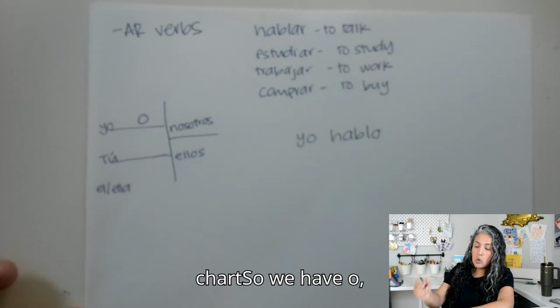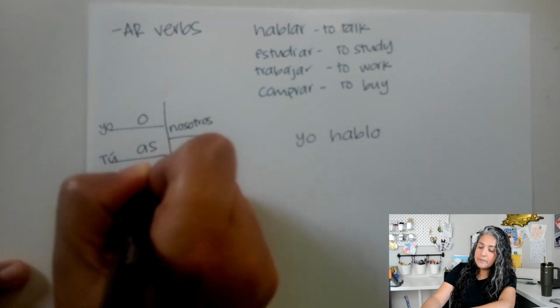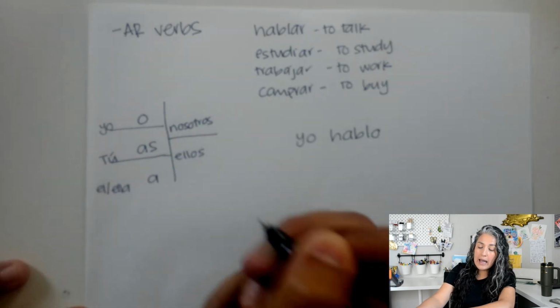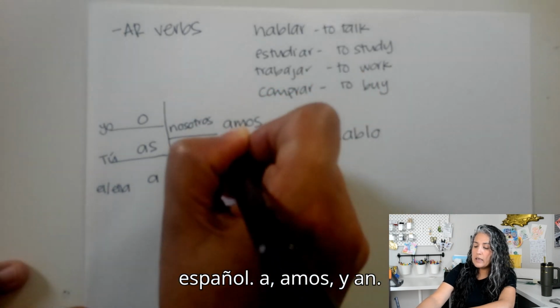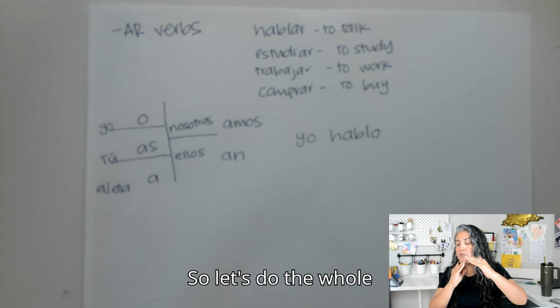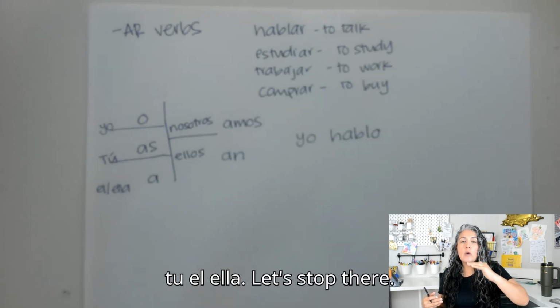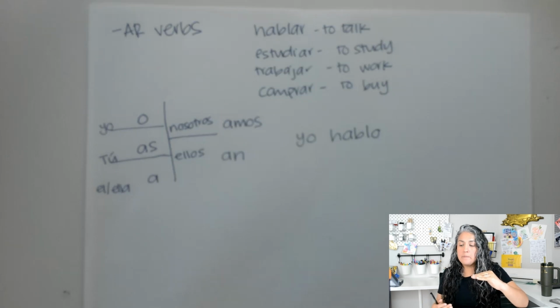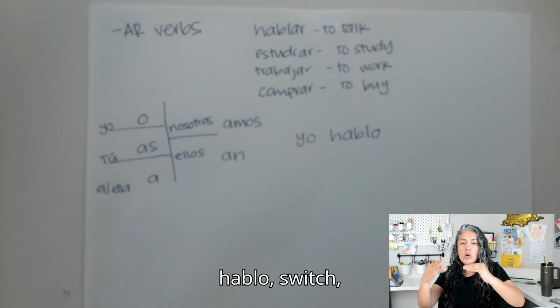So we have O, as, a, amos, y an. So let's do the whole list for the pronoun. Yo, tú, él, ella. Let's stop there. So let's talk about the verb to talk. Yo hablo.